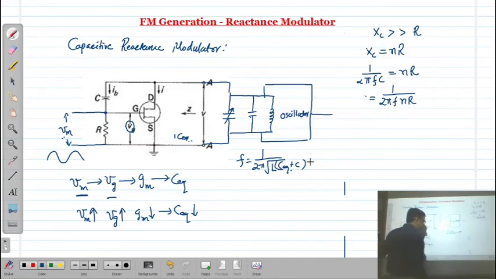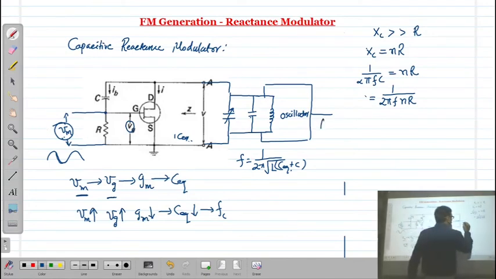So you can write this. And so as that C equivalent decreases, your frequency is also increasing. Carrier frequency is increasing. If the Vm voltage goes on decreasing, then the gate voltage will decrease. In that case, the transconductance will increase, the value of the capacitance will increase, and the carrier frequency is decreasing. So, in this way, by changing the modulating voltage, we can change the carrier frequency, and here you can have this kind of FM wave.